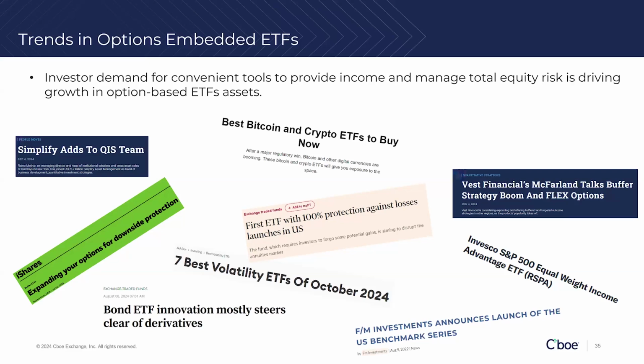You can see from the headlines here that there's been a lot of chatter in the media and the financial press about different types of options embedded tools to both hedge downside risks as well as to generate yield.